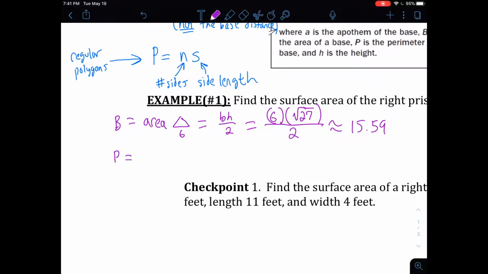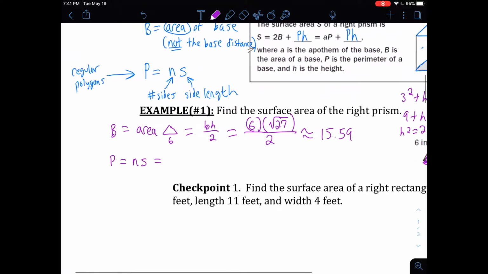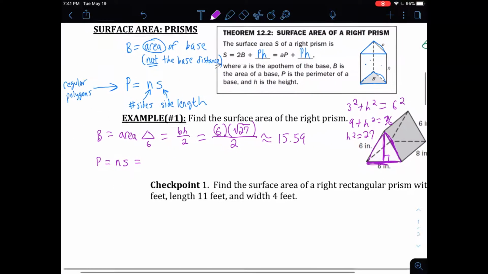The perimeter P is the number of sides times the side length, all right? So in a triangle, the perimeter of the base. The perimeter of the base too, I forgot to mention that.